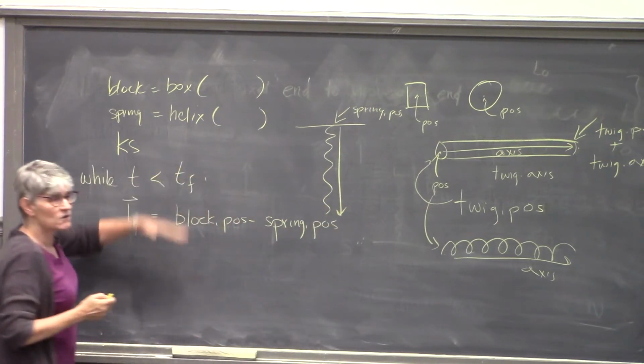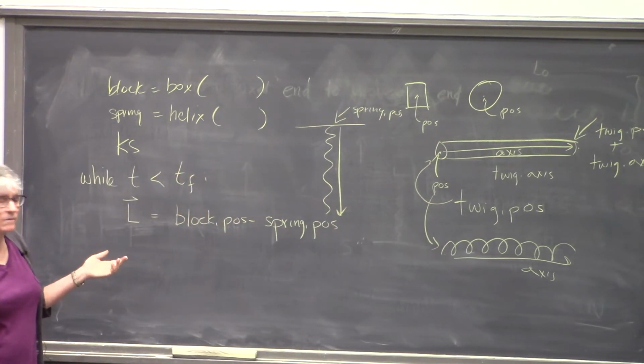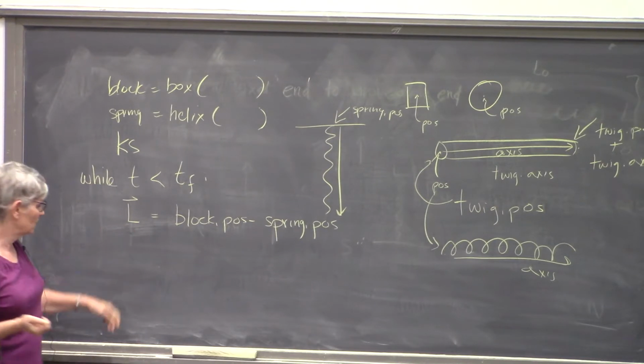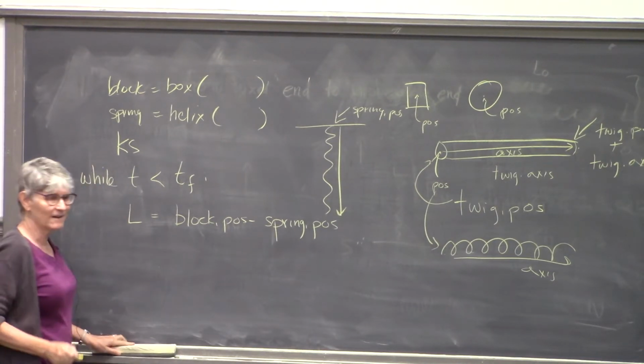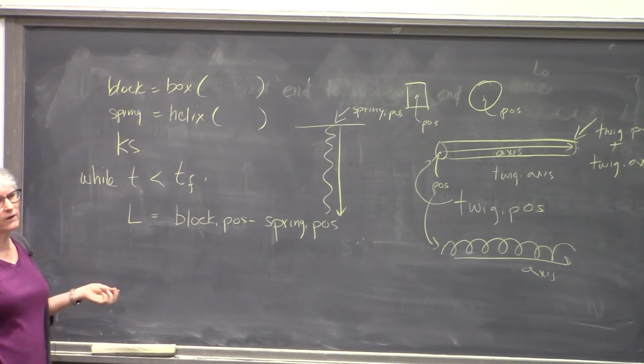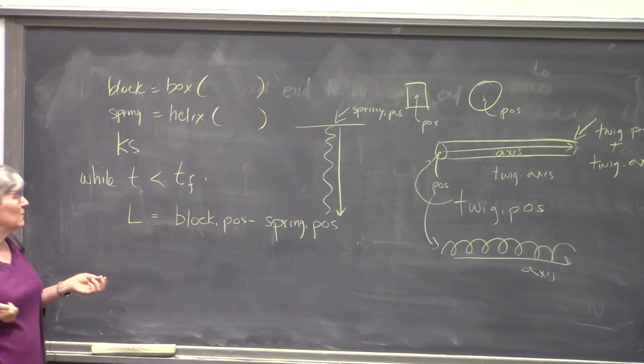And because the block is moving, we need this calculation inside the loop. So we can't write it that way. We're going to have to write that. It would be really nice if we could put vector symbols on quantities in Python, but we can't.